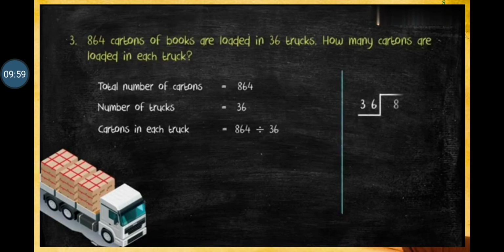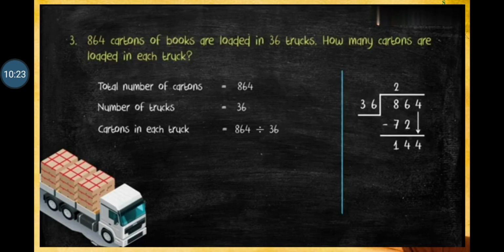Now make the working column. Put 864 inside the tent and 36 outside the tent because it's the divisor. 36 times 2 is 72. Now we have to subtract. Now we have to bring down number 4.